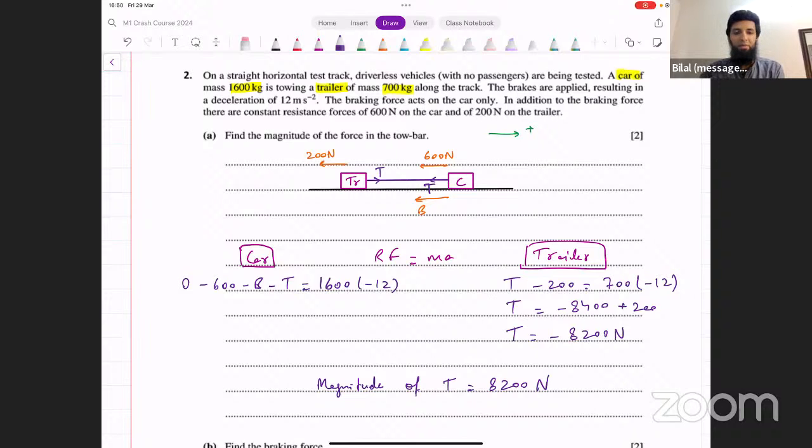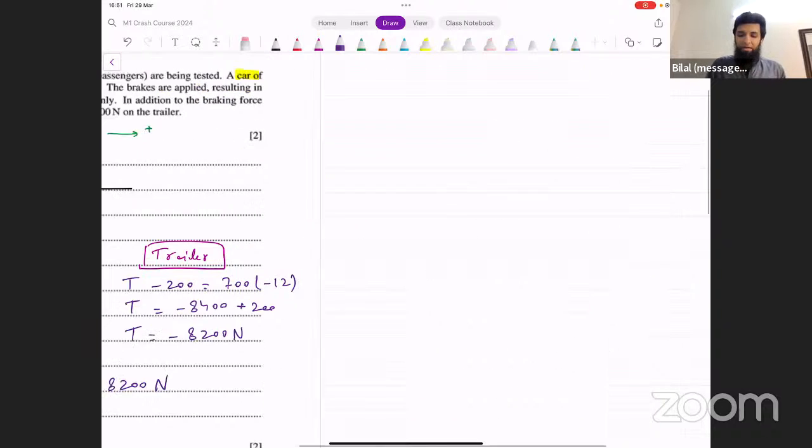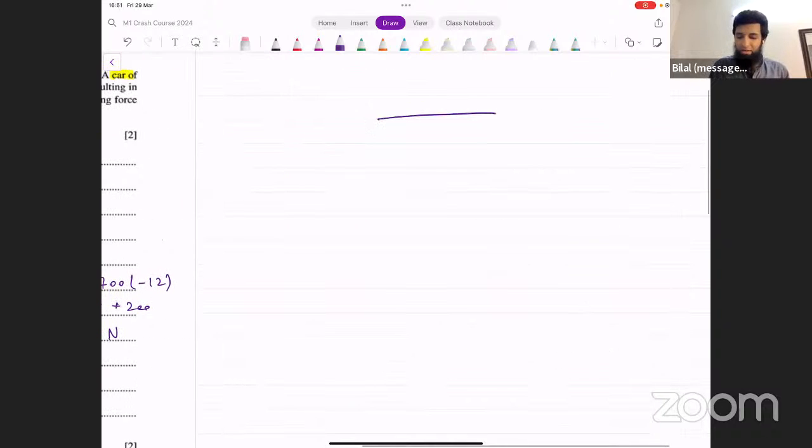Now, why is it happening? We are used to talking about strings, and that's what 95% of the questions are about. They have strings. Now, when you have a string tied to an object here, a string can only pull objects, right? The string can only pull the object towards itself. It can't push the object towards the right side, right?